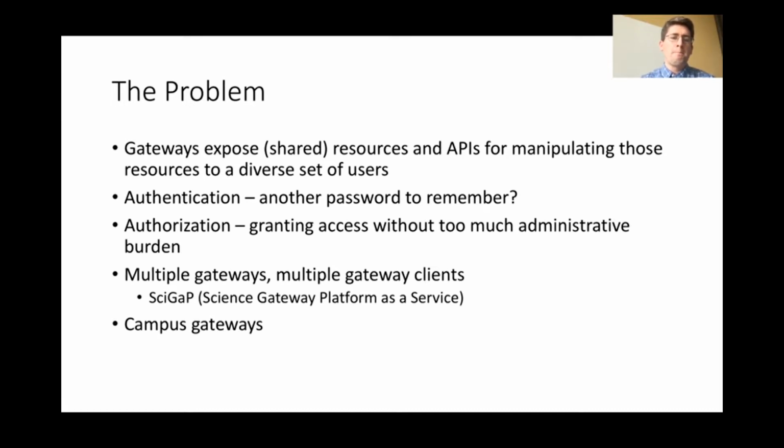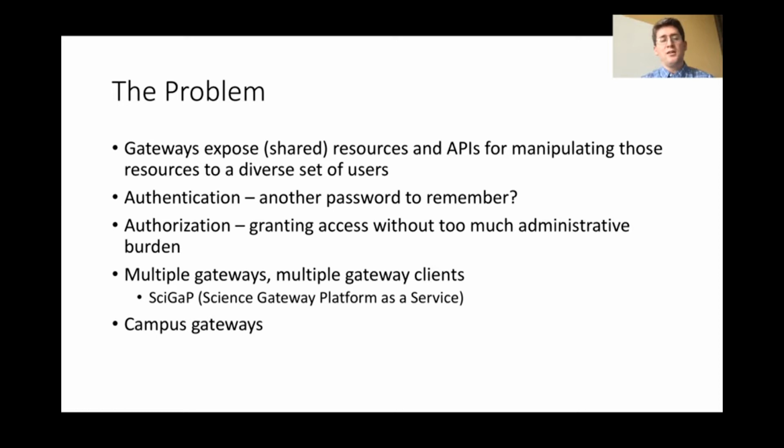And in the SciGaP project, a particular consideration for us is that we're hosting multiple gateways, and some gateways have multiple clients. So some way of easing the burden of dealing with all these different gateways and clients is a problem that we're trying to solve.